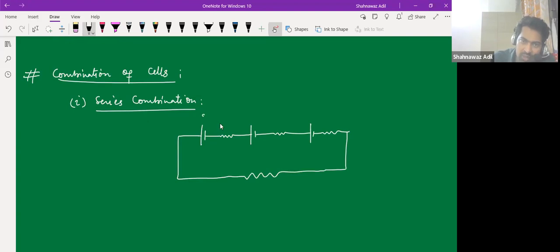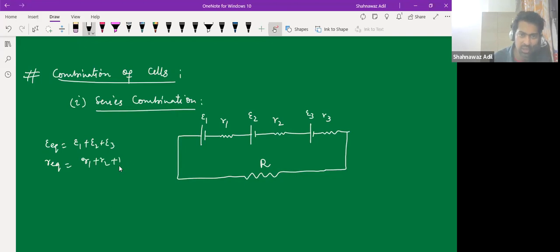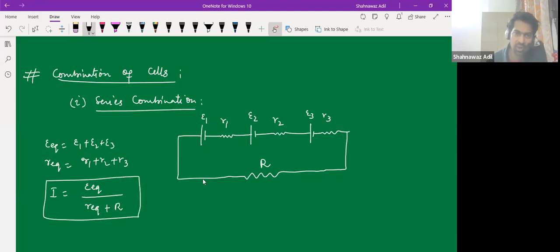This is E1 R1, this is E2 R2, this is E3 R3, and this is the external resistance R. In series combination, equivalent EMF is simply E1 plus E2 plus E3, and R equivalent is simply R1 plus R2 plus R3. So current would be equal to E equivalent divided by R equivalent plus R. That is the case of this series combination.